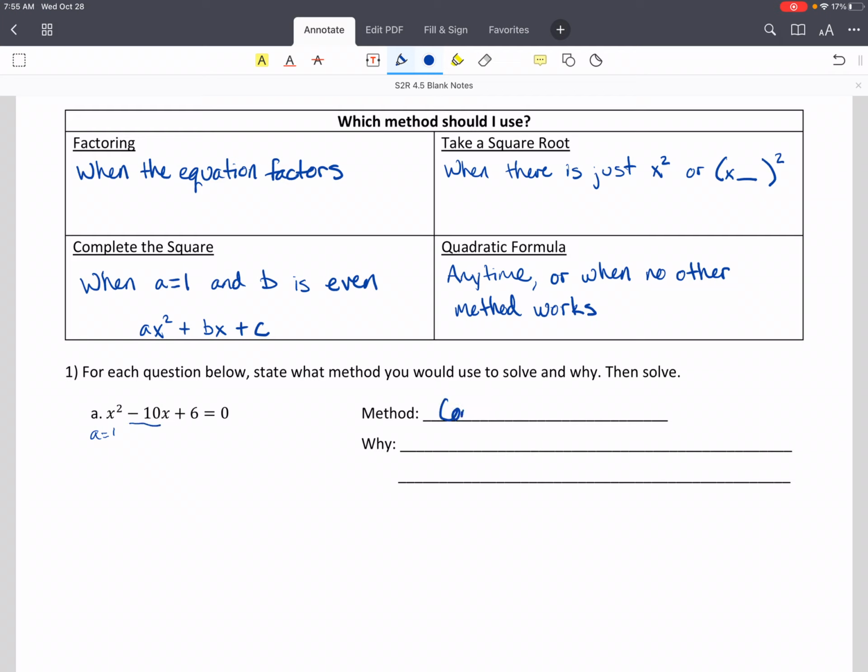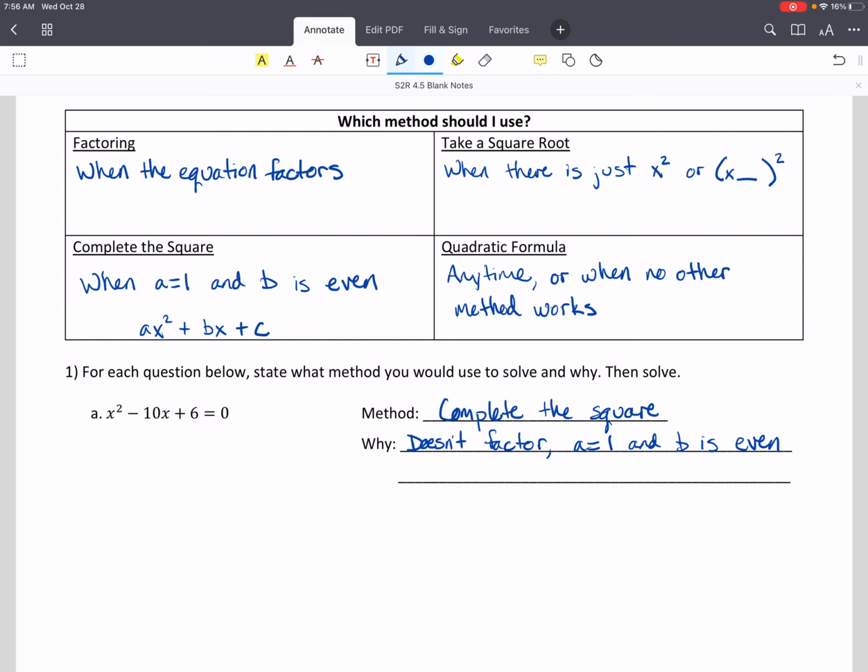So I'm going to choose complete the square. Here are my personal reasons why: it doesn't factor, and a equals 1 and b is even. And so that's my method.